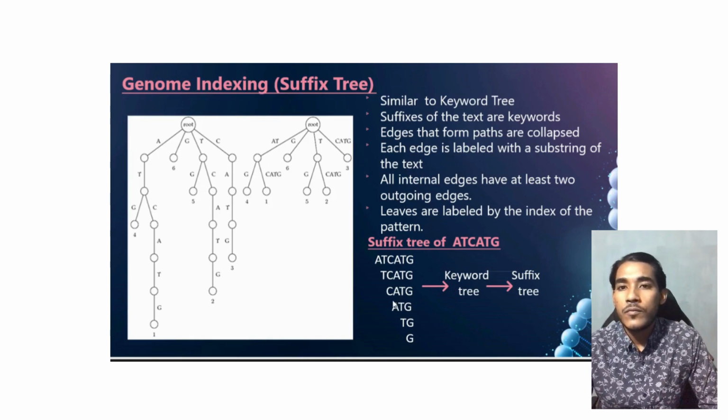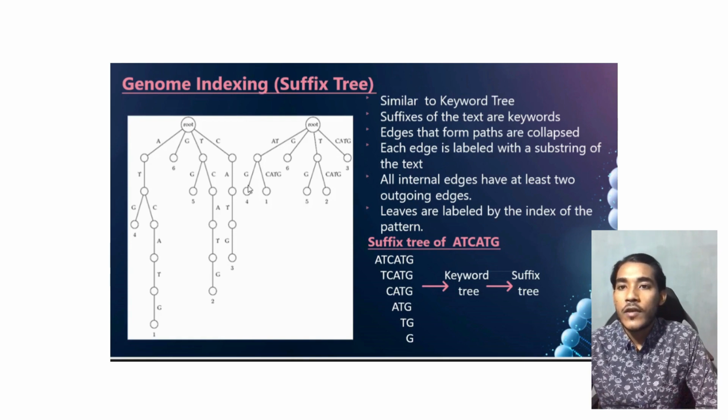After this, we have to put this sequence on a tree basis. At first we have the root, like CATG goes in there, CATG, ATC, ATG goes here, ATC, ATG, ATG goes to ATG, and last we have to give this G part in a single tree basis.